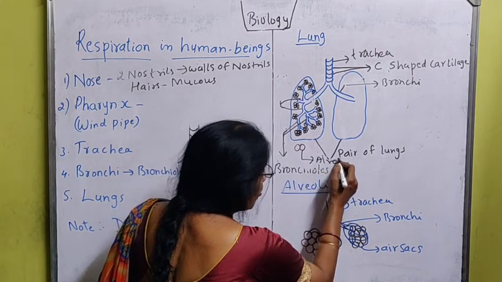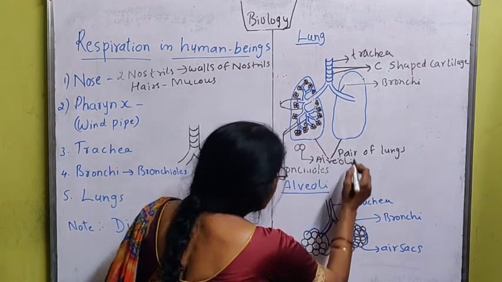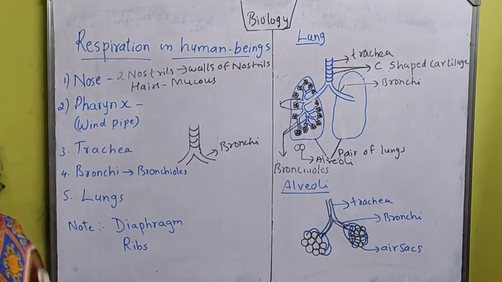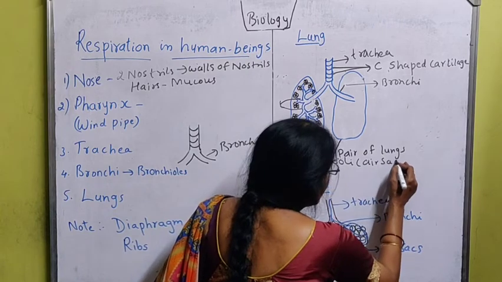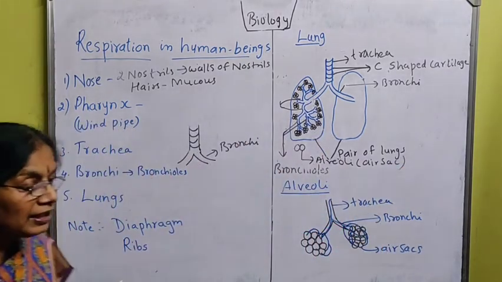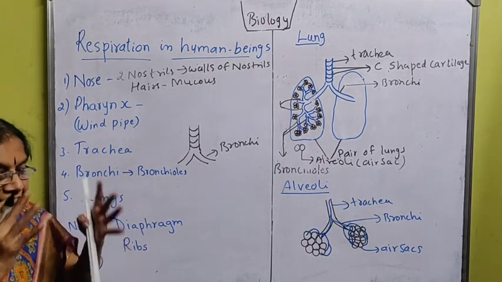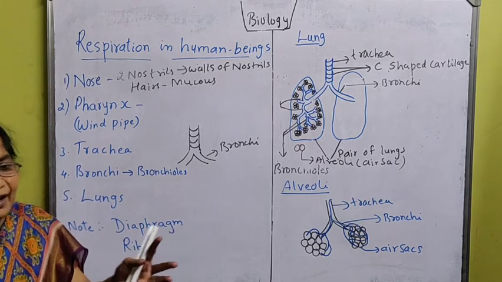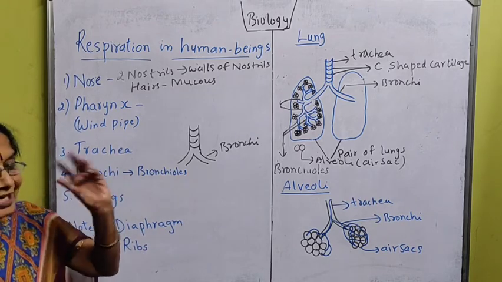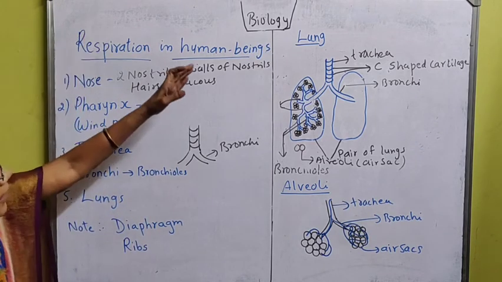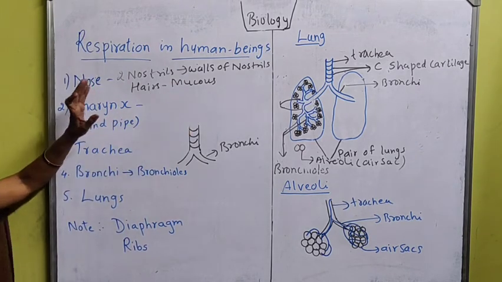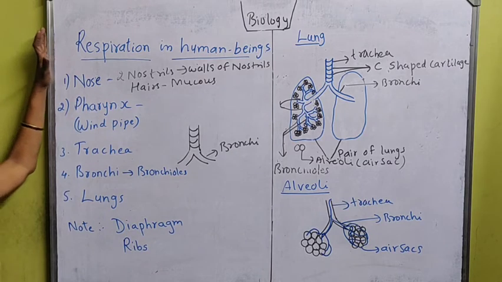Very important organ, alveoli. Another name for alveoli is air sac. It only takes in the air, and when it takes the air, it will expand. It is an elastic bag-like structure. So these are the respiratory organs in the respiratory system.